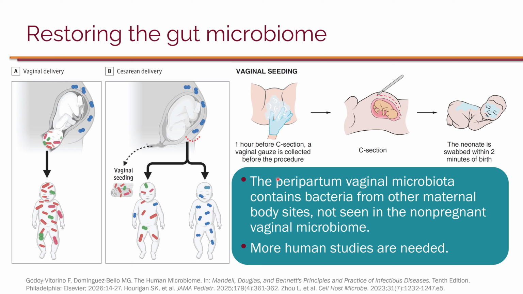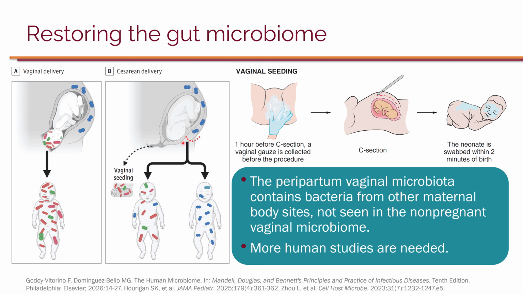Now, because of the effects of microbiome on health, there is significant interest in restoring the gut microbiome. So we talked about early in life, for example, through vaginal delivery, that is when the baby gets exposed to a healthy microbiome through the vaginal microbiome. And C-section will prevent that.